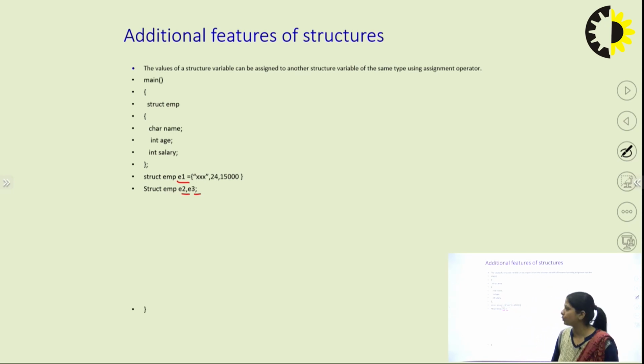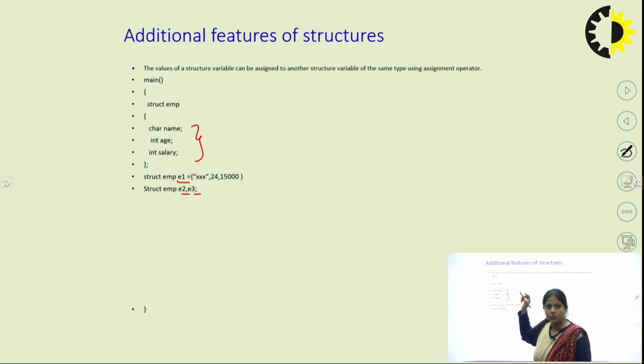We have created an employee structure, struct EMP, with the structure elements name, age and salary, right? So we have declared 3 variables of this structure, E1, E2 and E3, where I have initialized the value of E1 with name, then age and then salary.